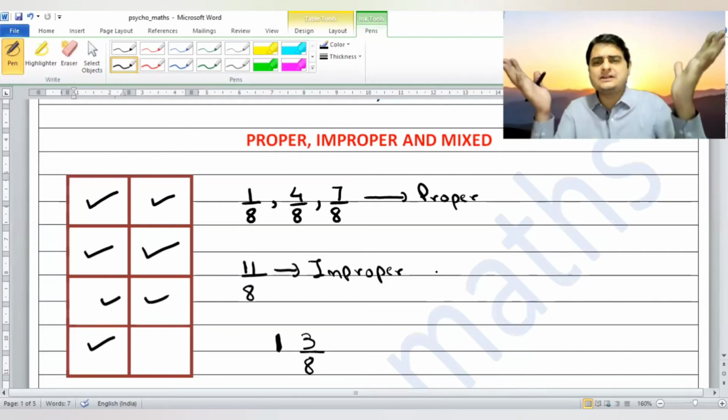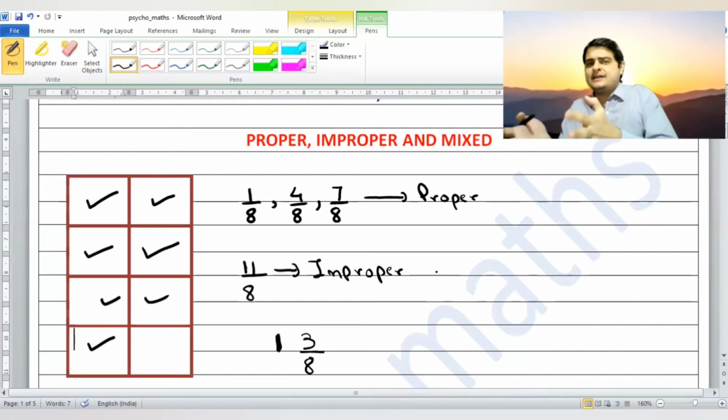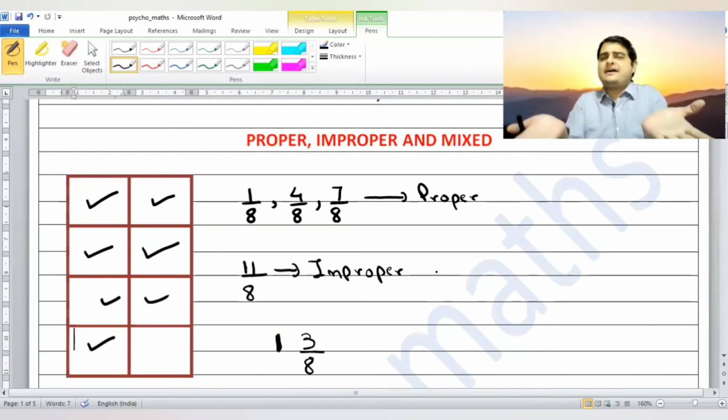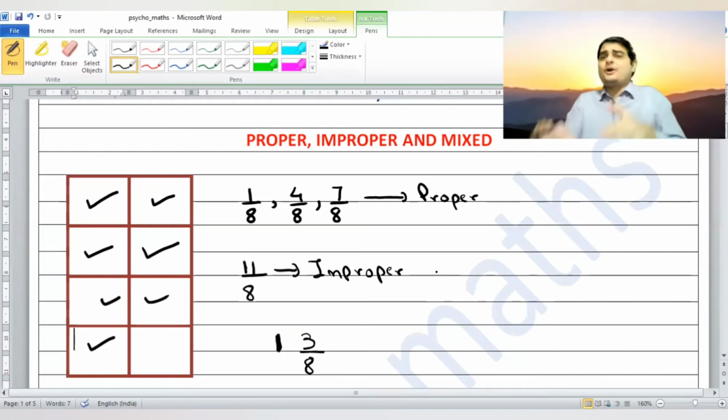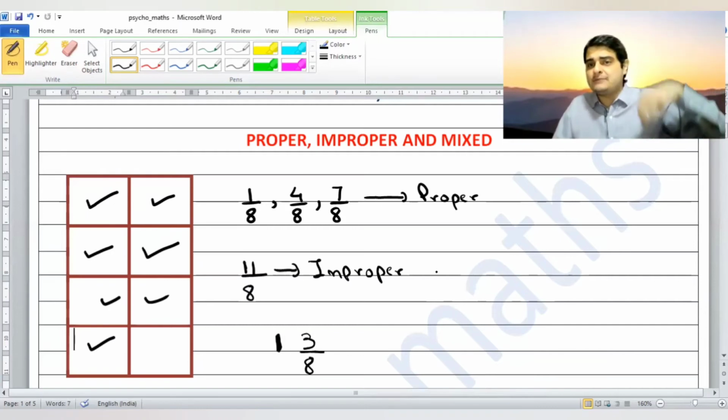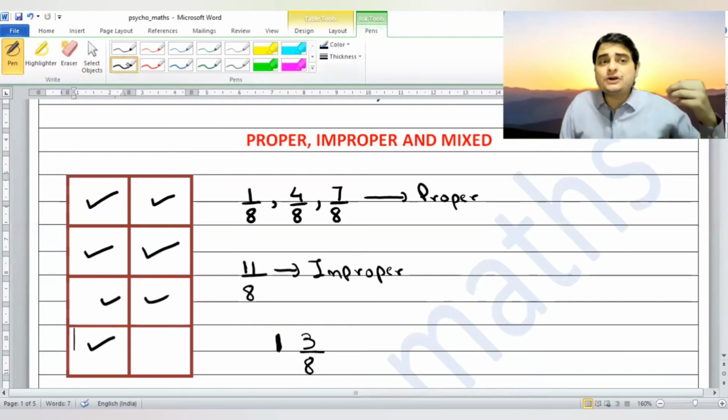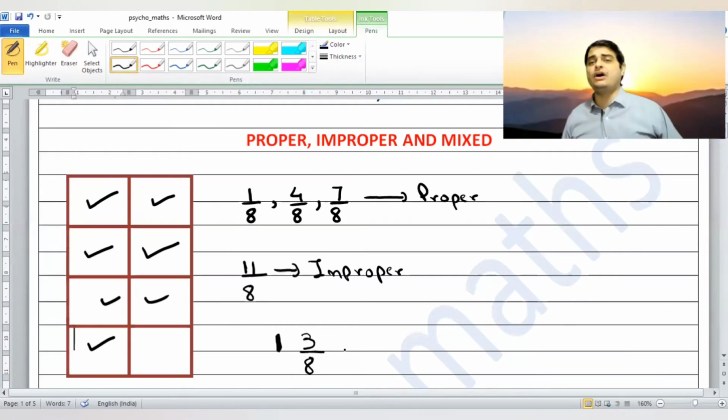See, it is logical. It is proper to share a lesser number of pieces than what you have. That is proper. But it is not proper to share more pieces than what you have. That is improper. So to come out of the situation of an improper, you mix two chocolates.